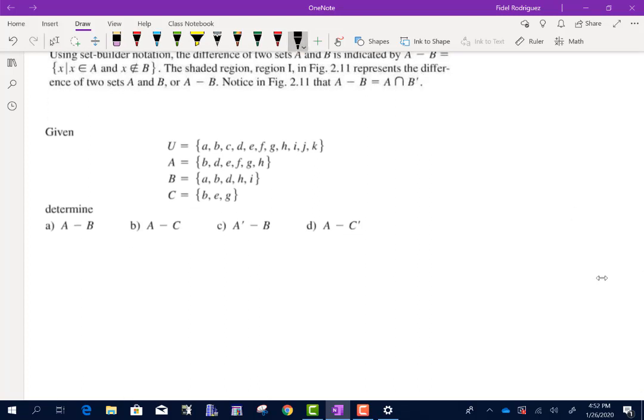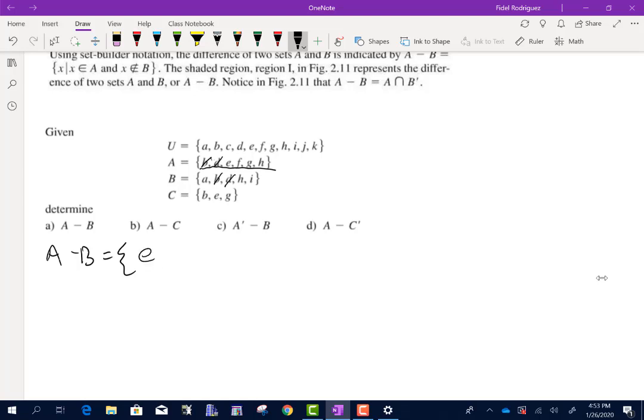So, here's my universal set, my sets A, B, and C. Let's do the first one, the set A minus B. Okay. So, guys, I'm going to pick the letters that I have here, but if I also have them here, I don't want them. Okay, so B, I don't want because B belongs to both. D, I don't want because D belongs to both.